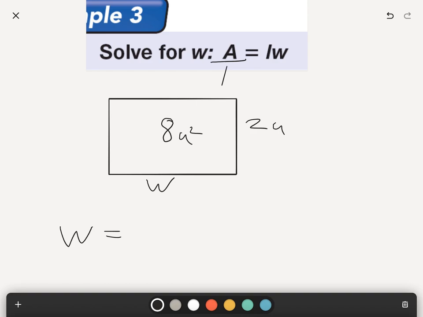When you're dealing with an algebraic equation and you want it to stay equal, you do the same thing to the other side.